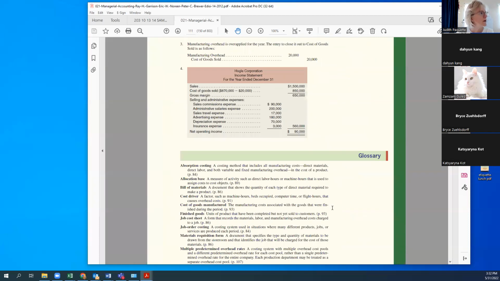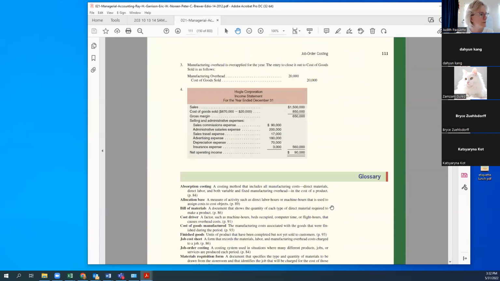And then our last journal entry, sorry, this is jumping around here, is to clear it out. So if you have a credit balance in manufacturing overhead, you will debit it and credit cost of goods sold. If you have a debit balance in manufacturing overhead, you're going to credit manufacturing overhead and debit cost of goods sold.